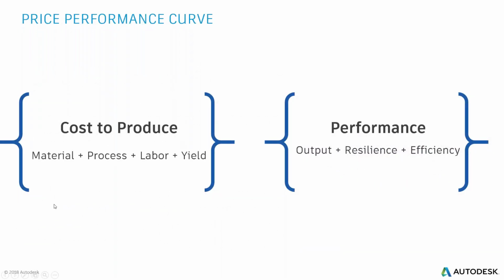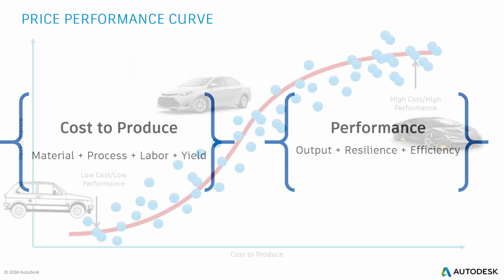All right, so we're going to talk a little bit about the price performance curve. On this curve, we're going to lay out what is the cost to produce versus what is the performance of this particular part that I might get, or one of these different outcomes that I get from generative design.